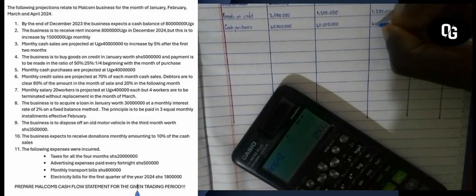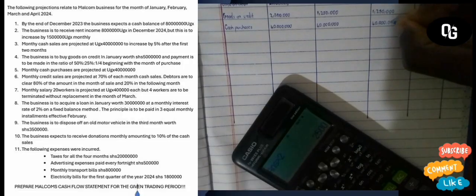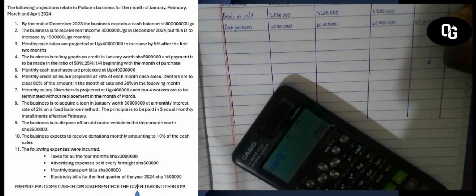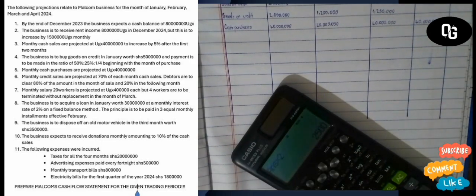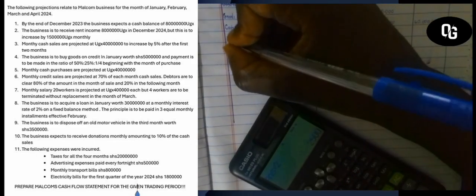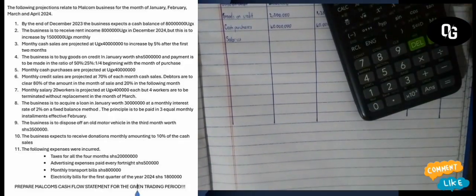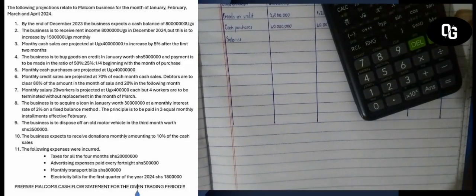So my cash purchases says the business made monthly cash purchases that are projected at 40 million. So 40 millions every month. This is the fifth transaction if you look closely.